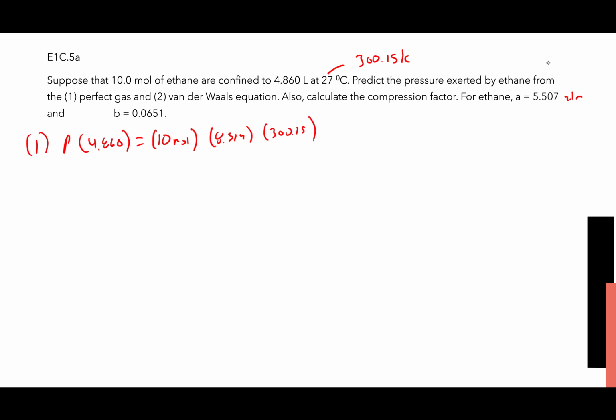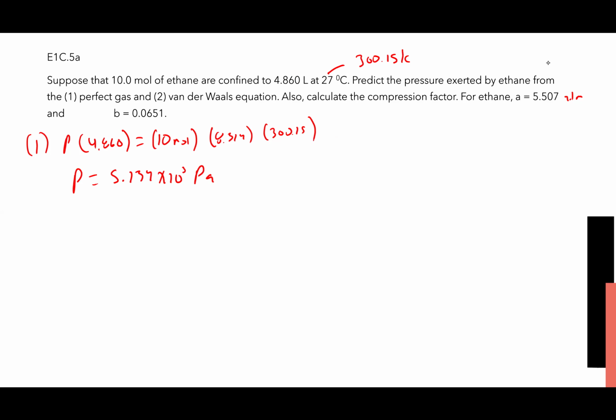If I do that little bit of math, 10 times 8.314 times 300.15, divided by 4.86, gets me 5,134 times 10 to the third pascals. Again, because we use 8.314 as R, it has to be in pascals.